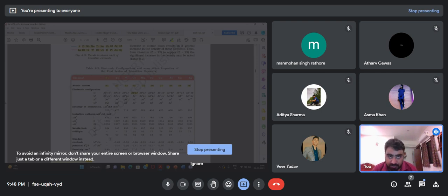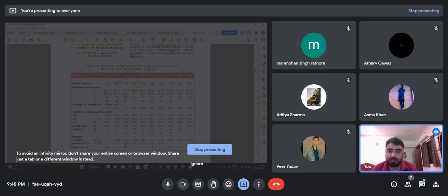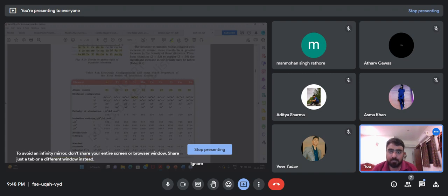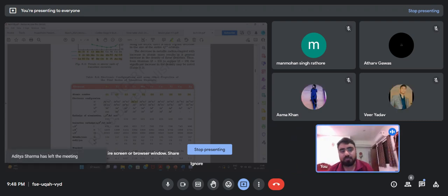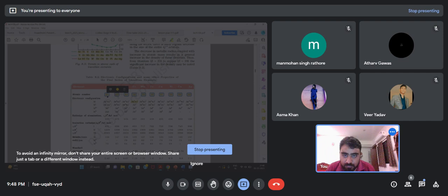Okay, now let's first understand the electronic configuration. This part I'm making you understand is table 8.2 on page number 214. So first I'm writing the 3D series elements, then I'm writing the atomic number from 21 to 30. Now I'm making you learn how to understand this electronic configuration. See, if it is 21, it will be 3d1 4s2, right? So 1 is over here and 2 is over here on the top. 21.